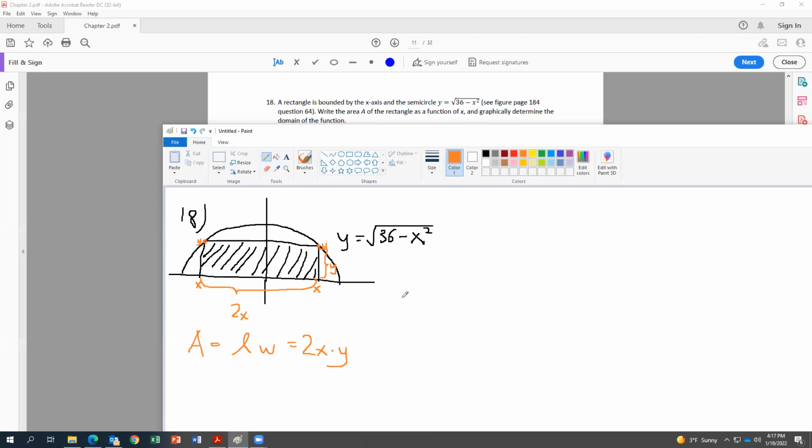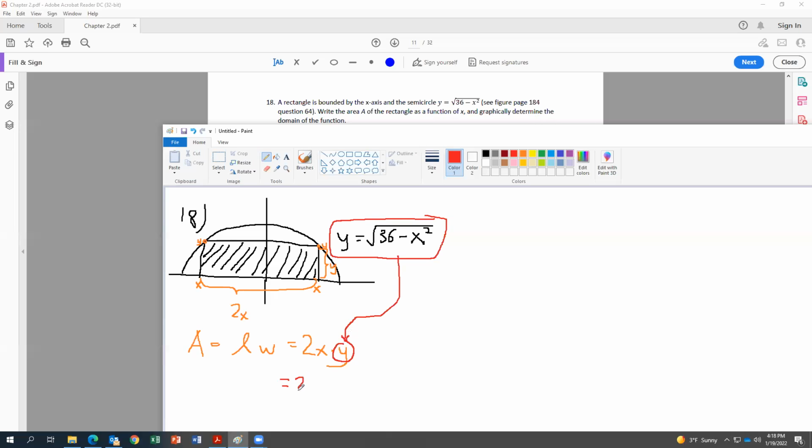But if you look, this question wants this in terms of x. It says write A in terms of x. So we do not know y here, so we can substitute. It's given to us that y in this case is the square root of 36 minus x squared. So we will plug it back in here.